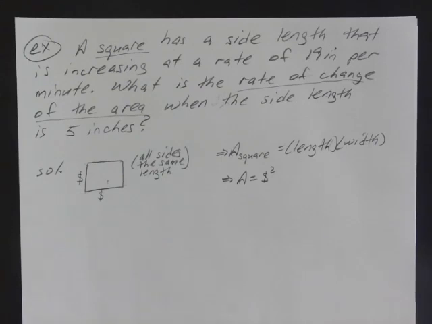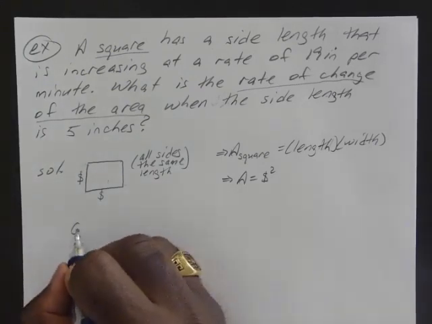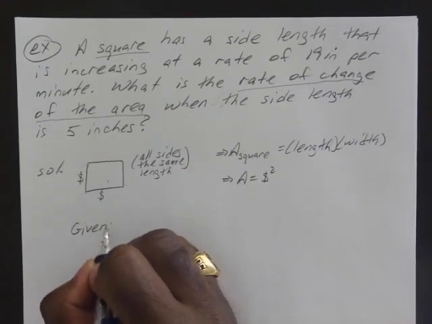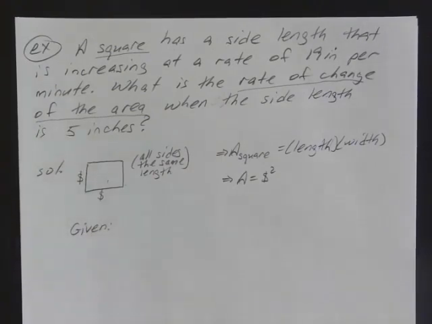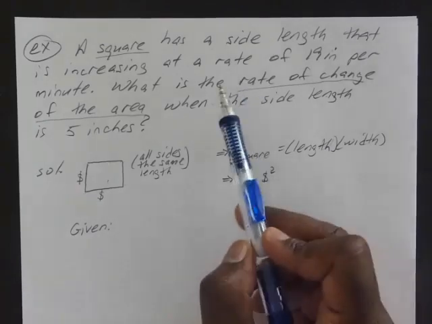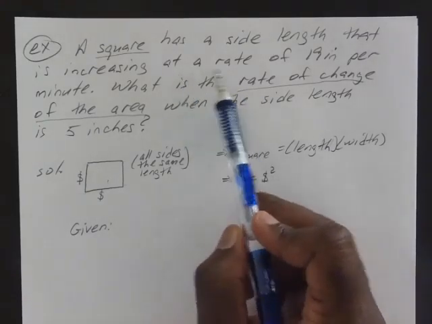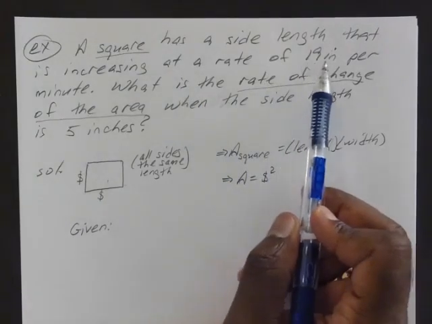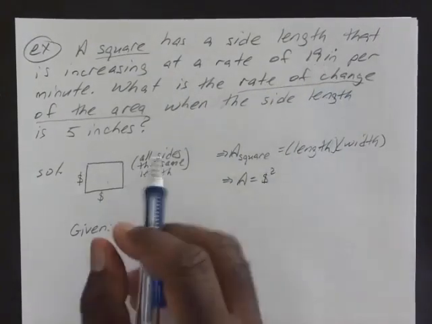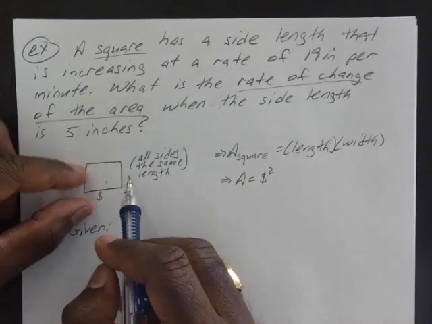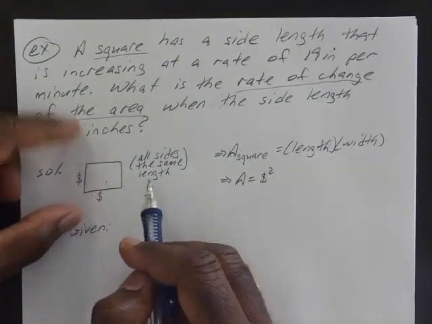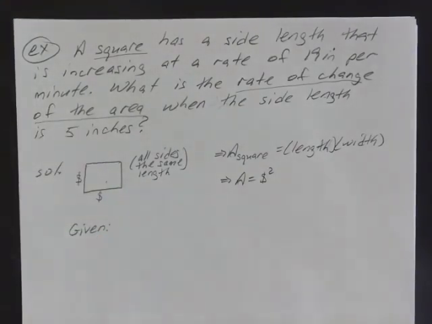Okay, so let's look at what was given to us. So we know the side lengths are increasing at a rate of 19 inches per minute.